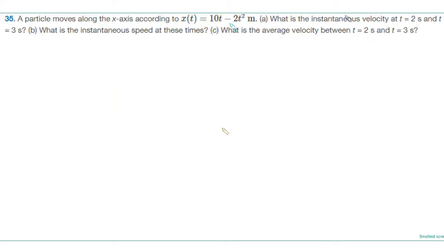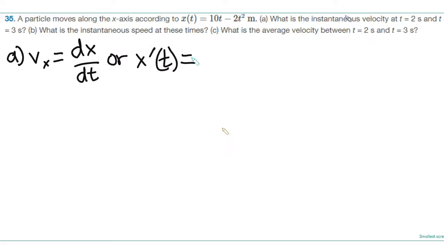Now, by the way, some of you have seen it this way for part A. Some of you have seen that v of x is equal to dx dt. That's often what you'll see me write this semester. Again, that's Leibniz's notation. Or you can certainly write x prime of t, right? Isn't that what you usually do in calculus class, where this prime just means derivative?